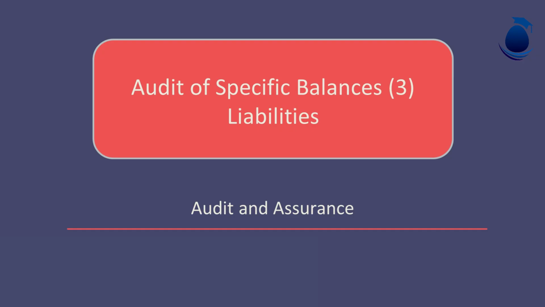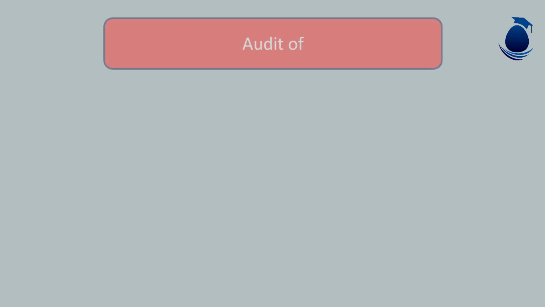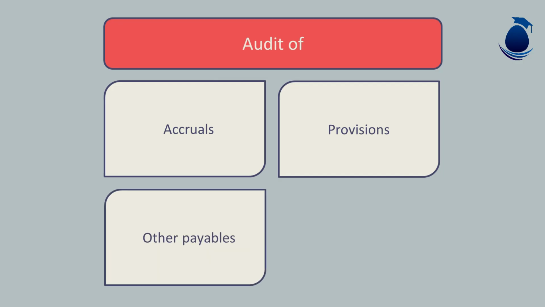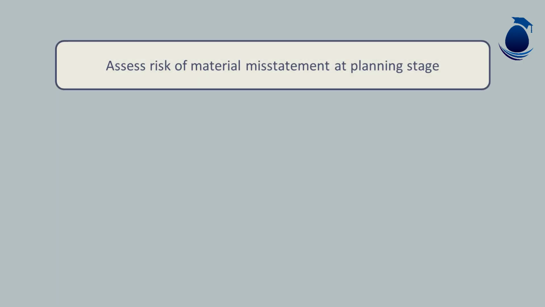This video will give you some practical examples of how auditors would audit some of the liability balances in the financial statements. We are going to discuss the audit of accruals, provisions, other payables, and trade payables. Auditors must assess the risks associated with balances being materially misstated at the start of the audit when planning their audit procedures.